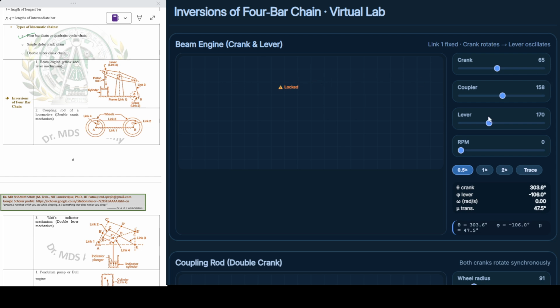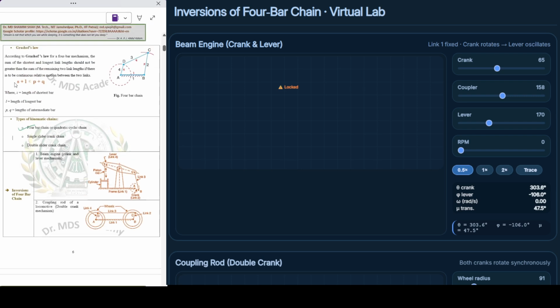Now it is showing this because it is not following Grashof's expression, which was S plus L. The length of the shortest link plus the length of the longest link should not be greater than the sum of the other two links, P plus Q. Here was S, here was L, and they should not be greater than the sum of the other two, P and Q, if there is to be continuous relative motion between the two.